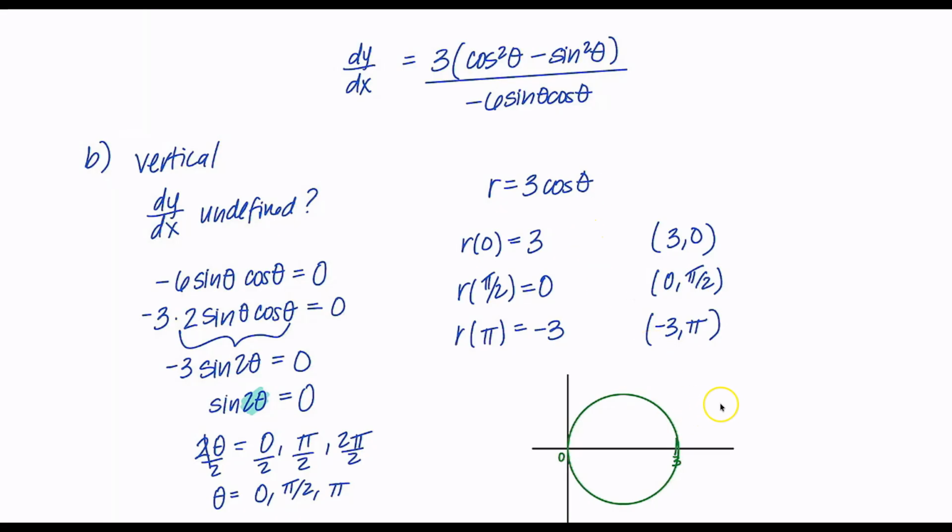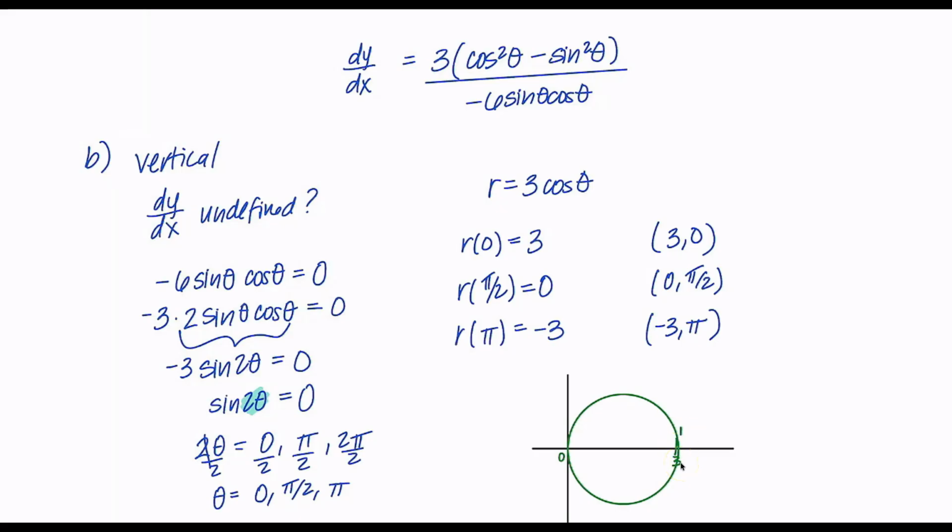So here is r equals 3 cosine theta. And so what are all of the polar coordinates where the tangent line is vertical? Well, we could see (3, 0) means go to the angle 0 and go 3 units towards 0. So that's this coordinate point here.